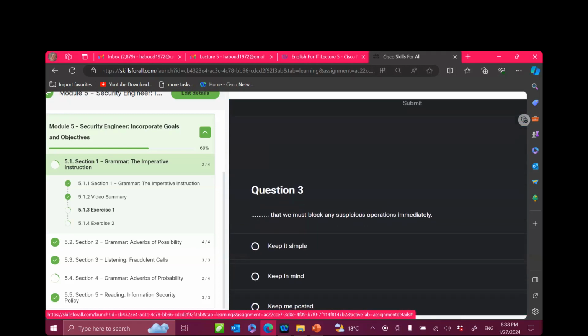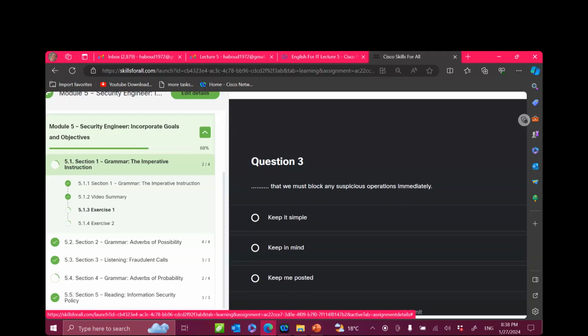That we must block any suspicious operations immediately. لازم نبلوك أي suspicious operations، أي عمليات مشكوك فيها immediately. Keep it simple, keep in mind, keep me posted. We must block any suspicious, okay? What do you think?